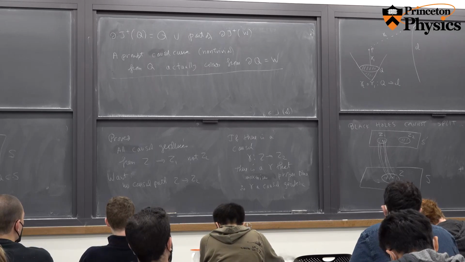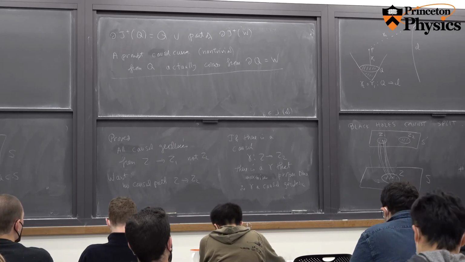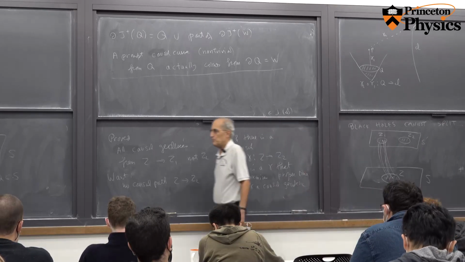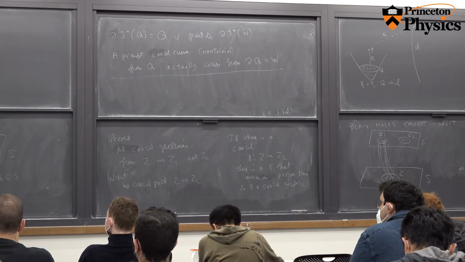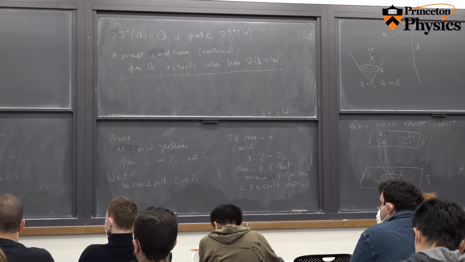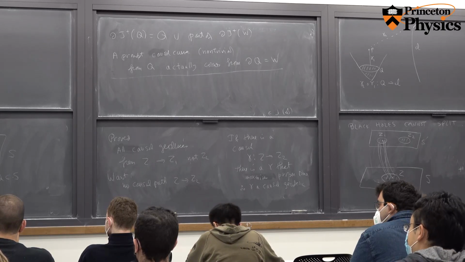Any other questions or comments? So if there aren't any more questions or comments, then I think we come next to the most important result, which is, well, okay, we'll head toward the most important result, which is the Hawking area theorem, but there are a few things to say first.